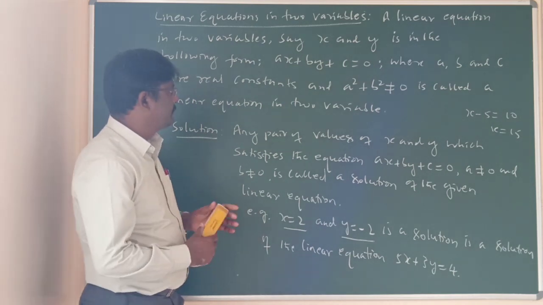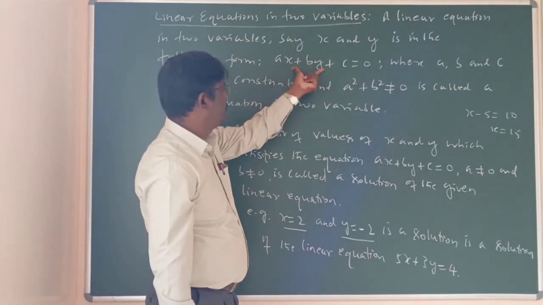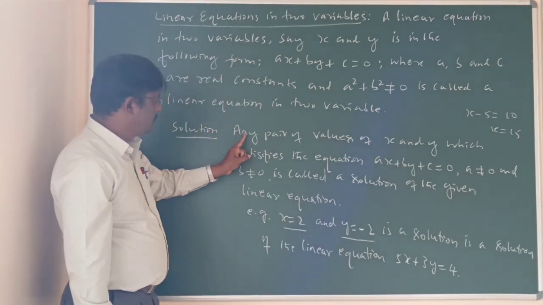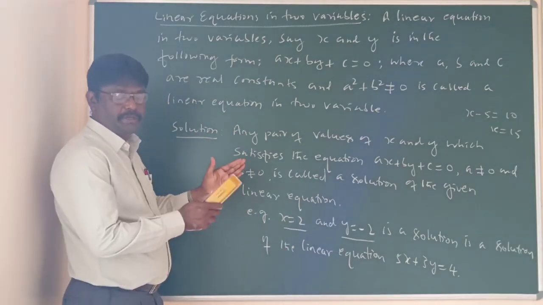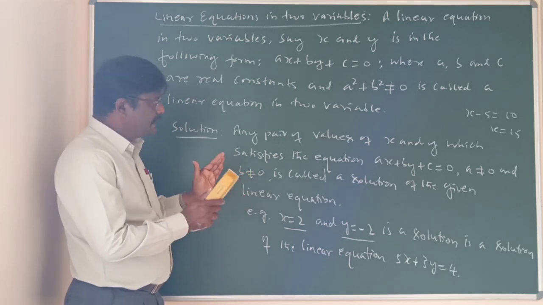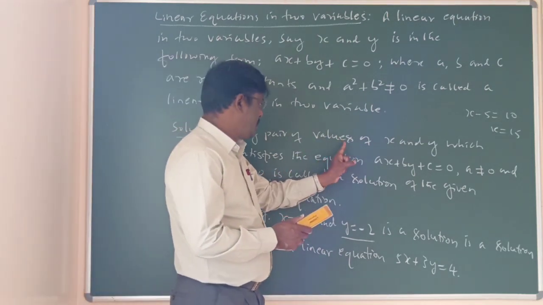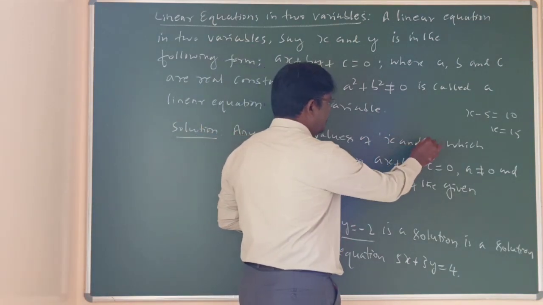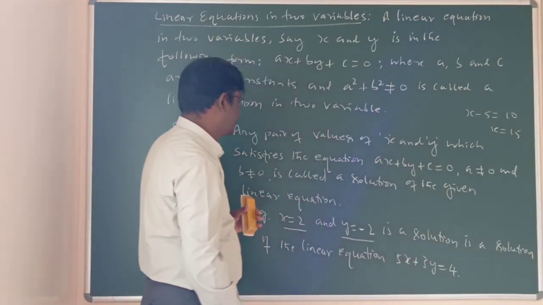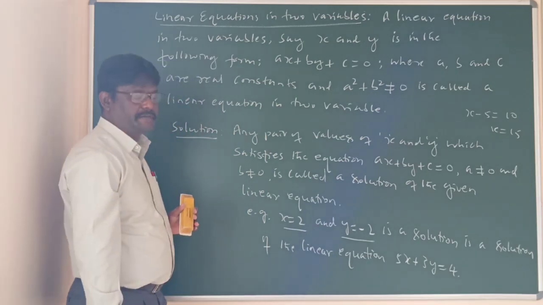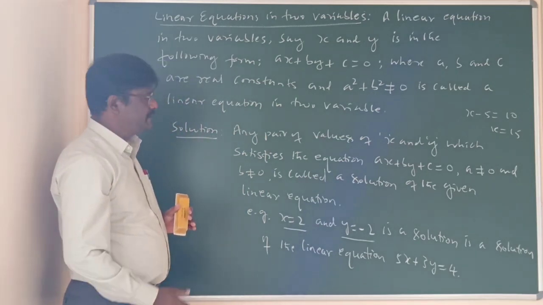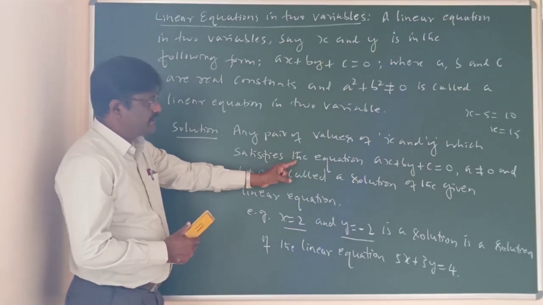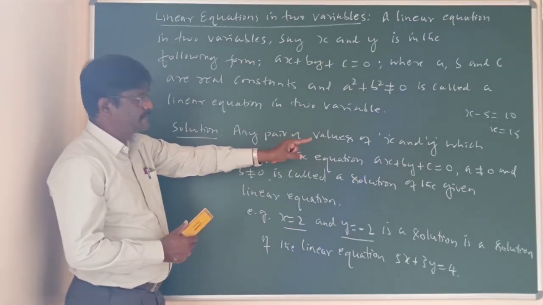But in case of a linear equation in two variables, let us check what the meaning of solution is. Any pair, because there are two variables. Any pair of values of x and y which satisfies, that pair both together, the equation ax plus by plus c equals 0.